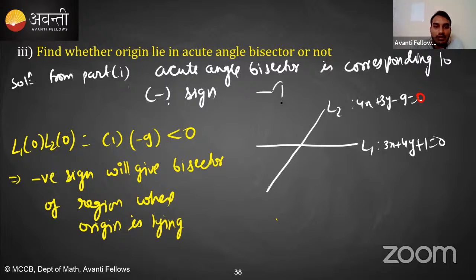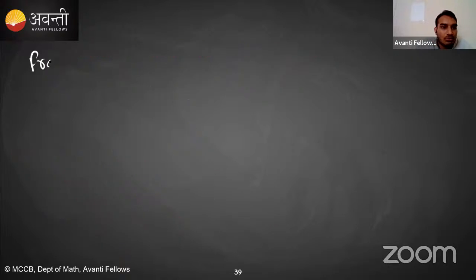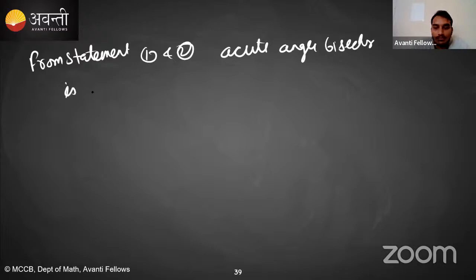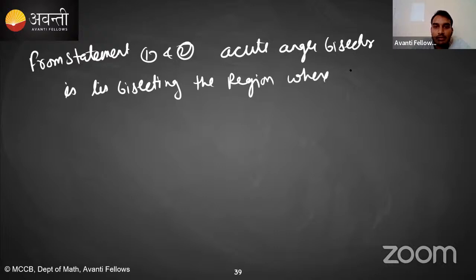Clear? So let's call this 1 and let's call this 2. So from statement 1 and 2, acute angle bisector is bisecting the region where origin is lying.